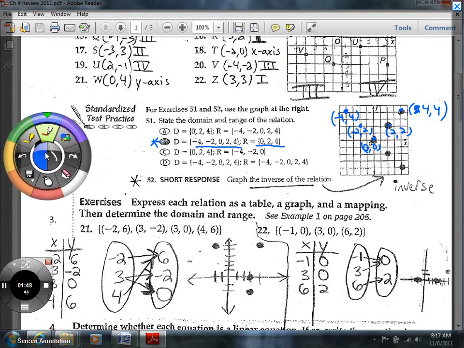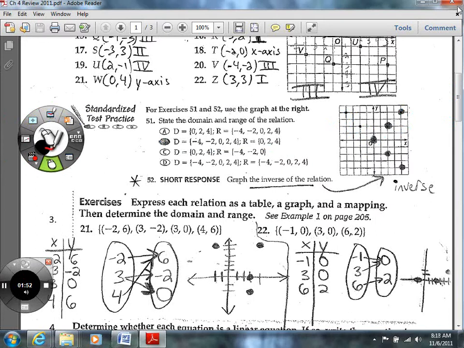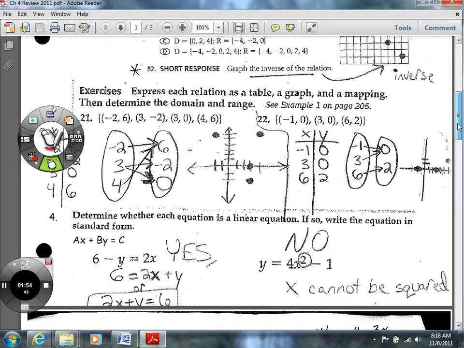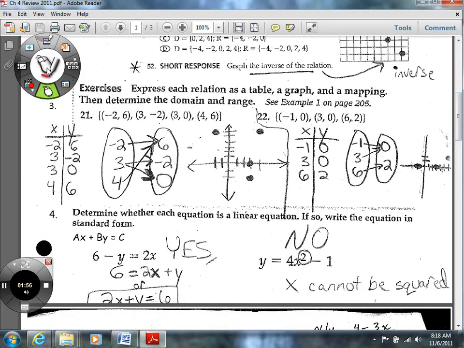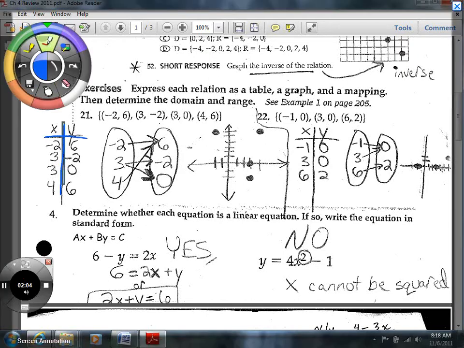Okay. Number 3, that's section 4.3 where we just had 4 ways to express a relation. The first way is a table that you could see here. And the next way is mapping. And that's this. When we say negative 2 goes to 6, and 3 goes to negative 2, etc. Make sure you put the arrows there, not just lines.